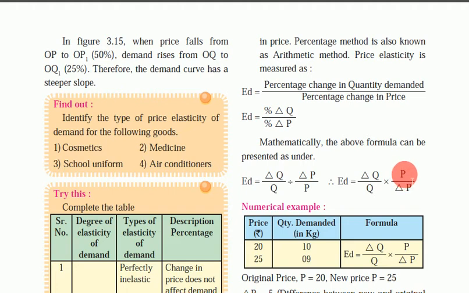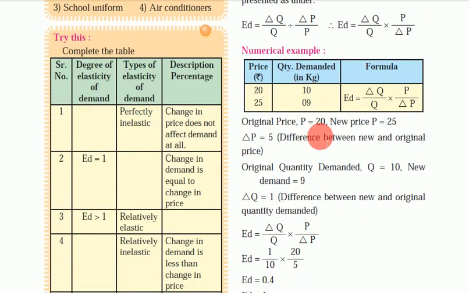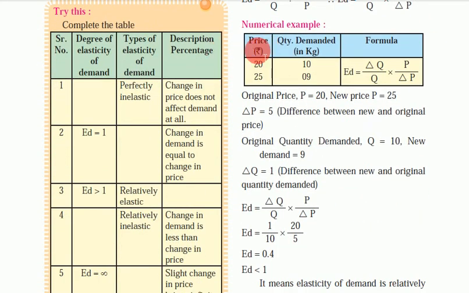Now let us understand the ratio or proportion method for calculating the elasticity of demand. This is our example. In this example, the first column is price, the second is quantity demanded, and in the third we will apply the formula to calculate the elasticity of demand.